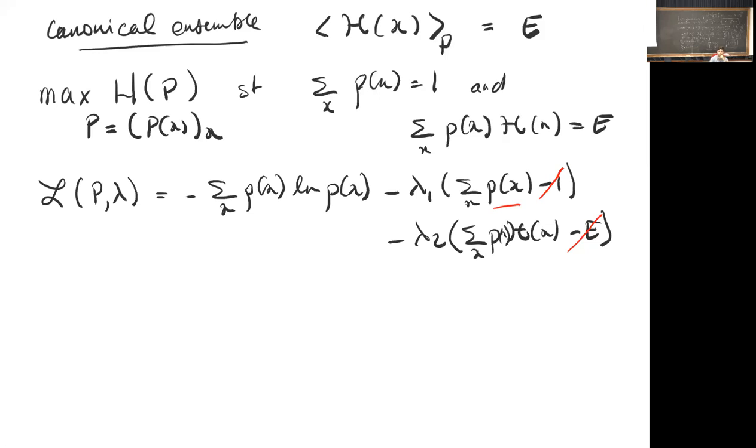We do not care at the end. It's nice to write them to remember what's the meaning of this function, but when you want to compute things, you do not care about writing this constant actually. These constants at the end, you can just remember when you took the derivative, what are the constraints you want to verify. So that's just a side remark.